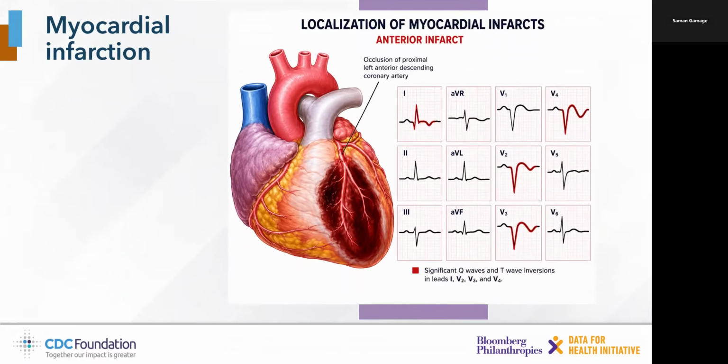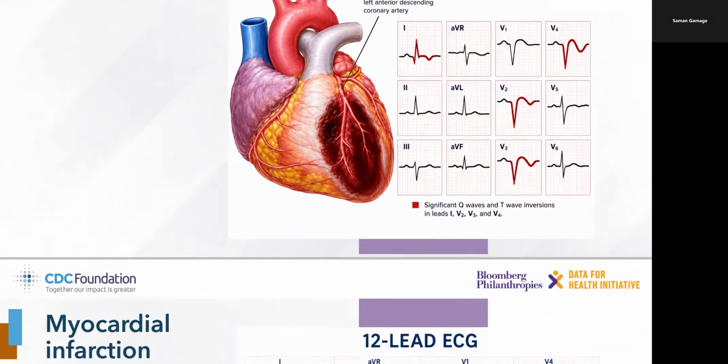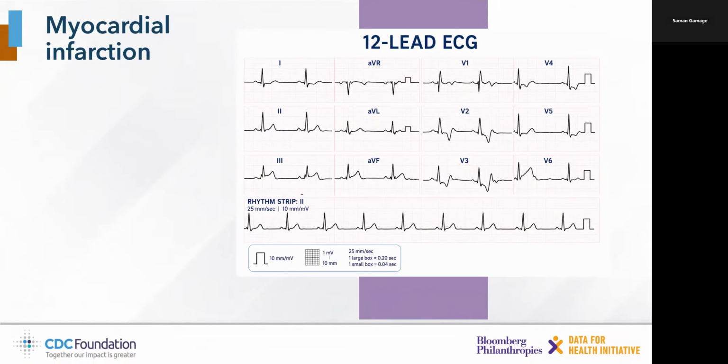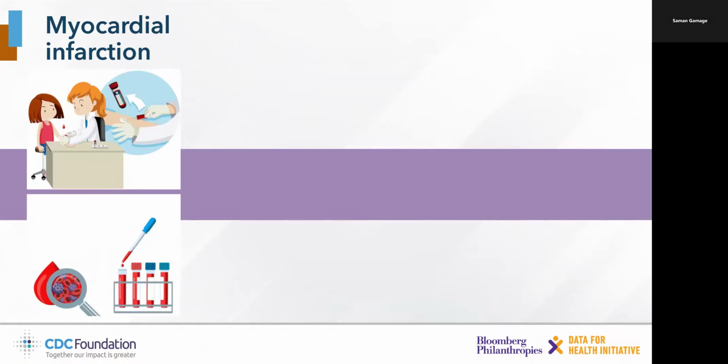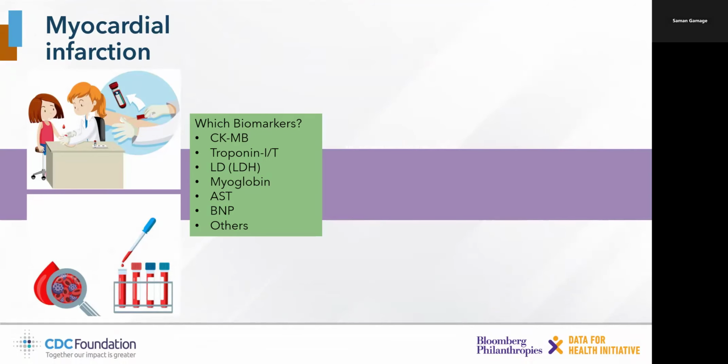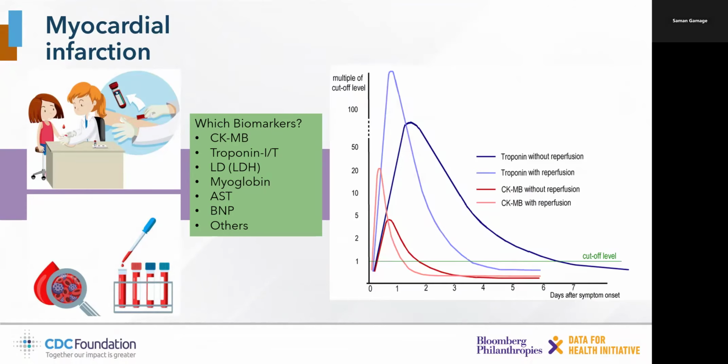And when there is myocardial infarction, this can be diagnosed by reading an ECG. A trained physician or cardiologist can make a diagnosis. Myocardial infarction can also be diagnosed by assessing cardiac enzymes.